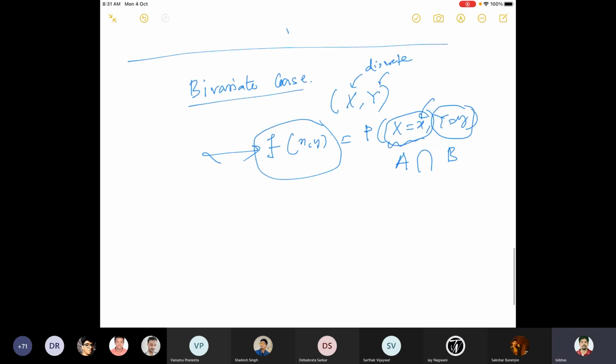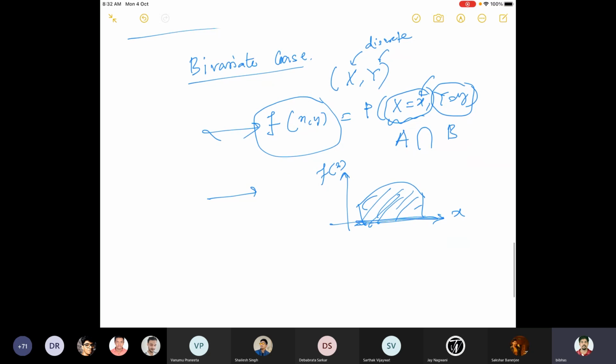And for the continuous case, as we discussed for the univariate case, suppose we have a function, the area under which is 1. Then we can ask what is the probability for some region, let's say A. The probability is the area in this region.